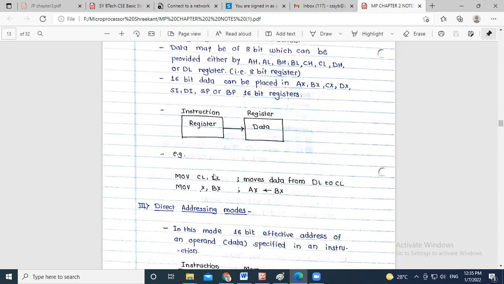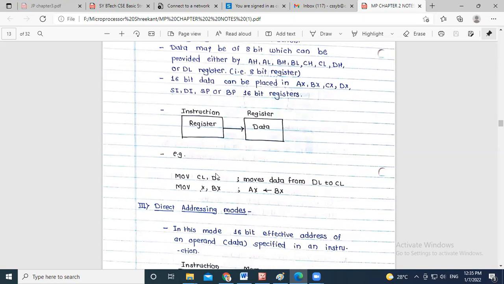But in the register addressing mode, you take a register in the place of the value. It means the value is already present in the register, and from the register you transfer the value to the destination. So we call this the register addressing mode.